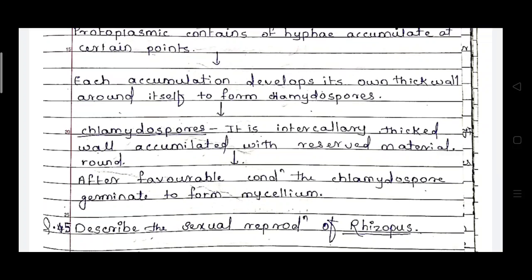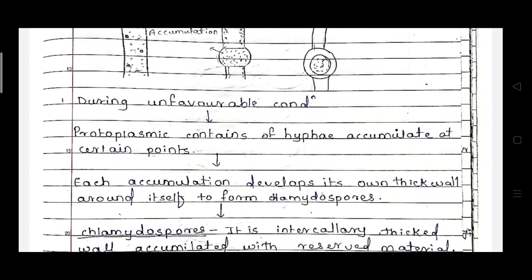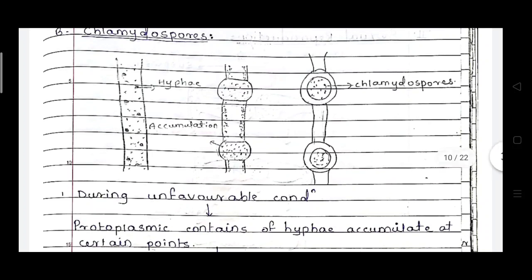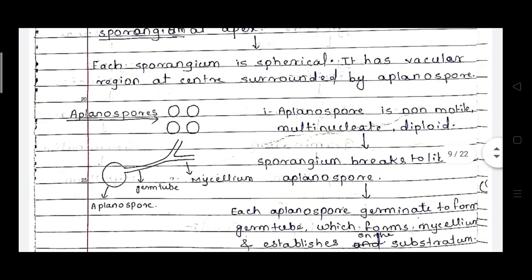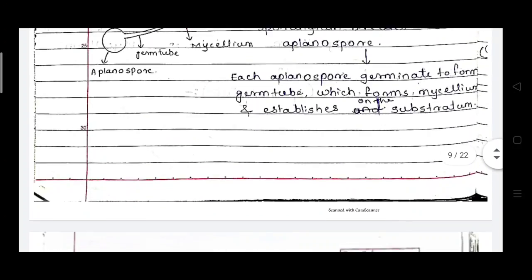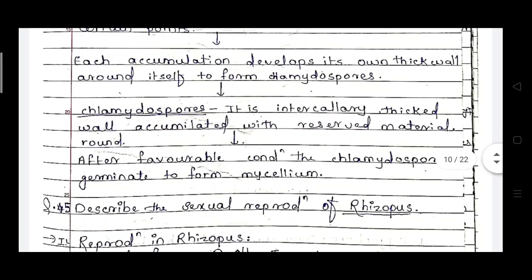MCQs or multiple choice questions ask about aplanospores and chlamydospores. The definitions will be very important, and in which conditions these form, and the difference between aplanospores and chlamydospores. So you have to read all the information in this asexual reproduction. Now I stop here. In the next video we discuss the sexual reproduction of Rhizopus.